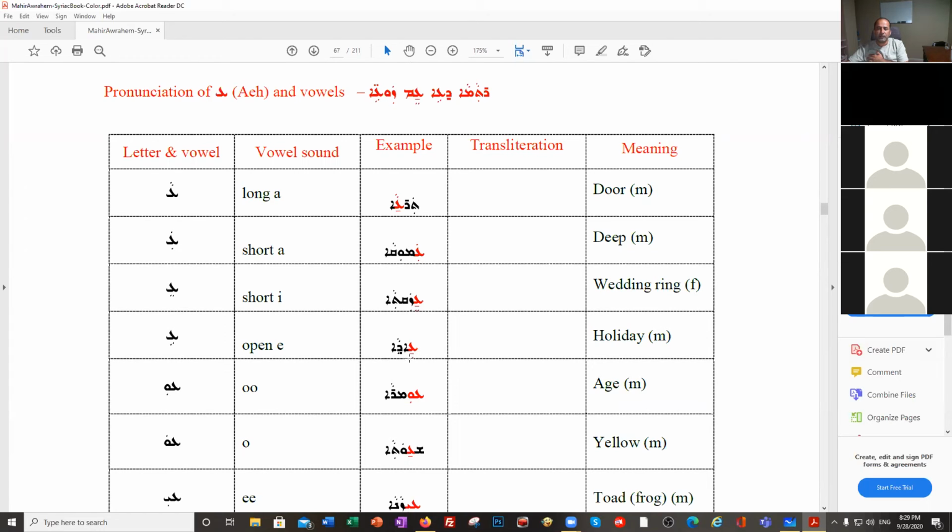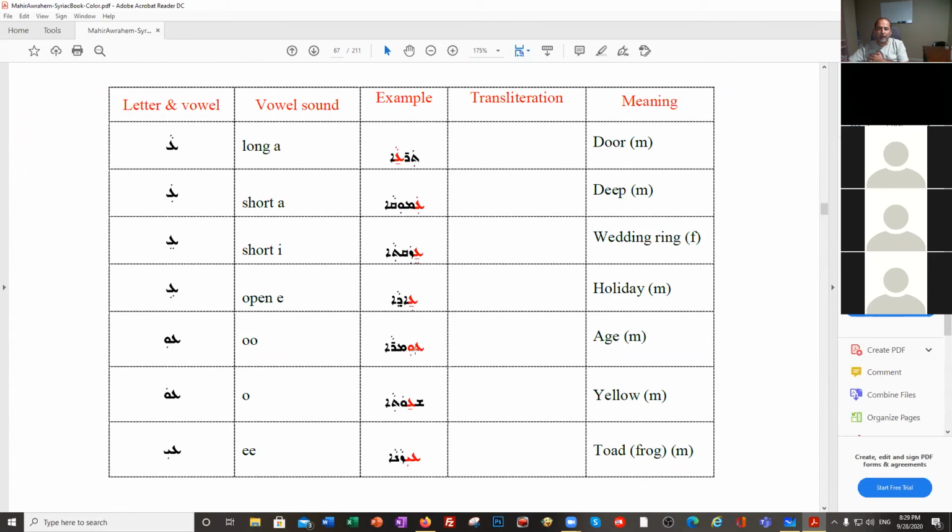Two dots are not showing here because of the lines of the table. Umra. Sha'utha. Izana.